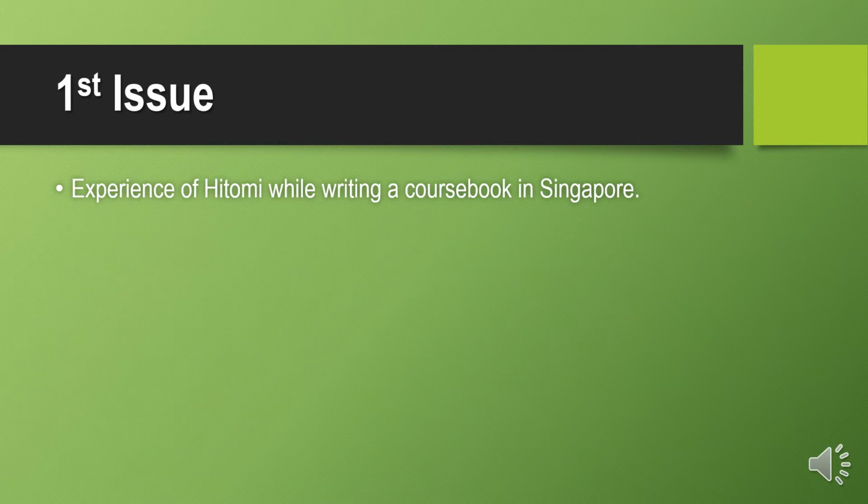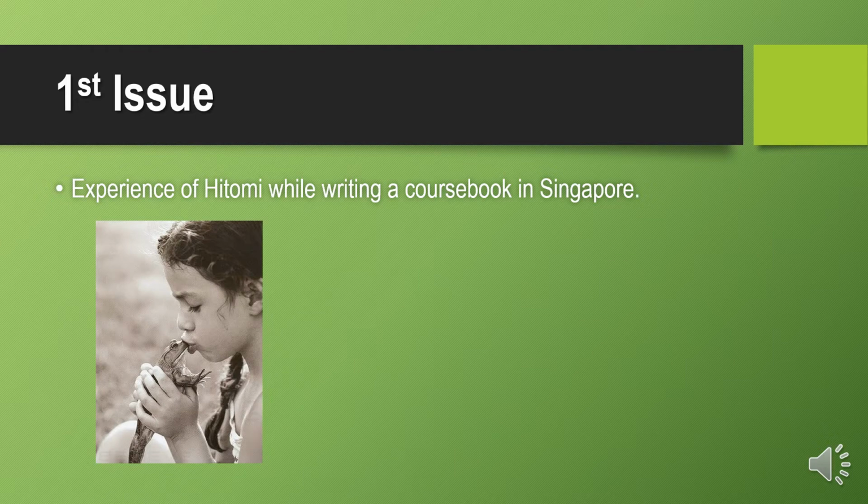In the experience of Hitomi while they were writing a course book in Singapore, Hitomi used a poem in one of her units. It is entitled Miss Sue is Kissing by Michael Richards. The poem is all about a girl who keeps on kissing tadpoles. When a boy asks why she is kissing tadpoles, she says she's trying to catch him young.